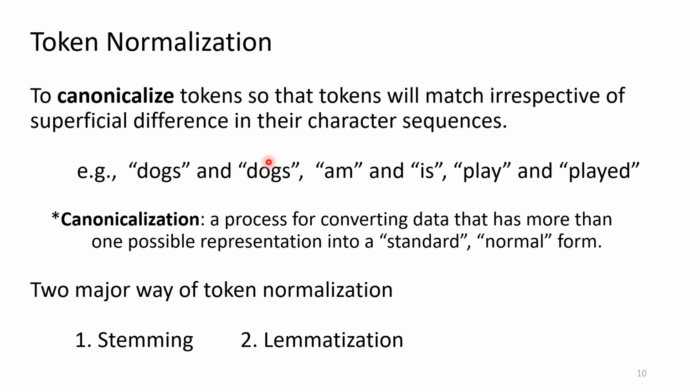However, a computer can be easily confused by such superficial differences in the words. Moreover, it is difficult for a computer to understand that "am" and "is" have the same meaning because these words seem to be completely different by their spelling. A, M and I, S, very different.